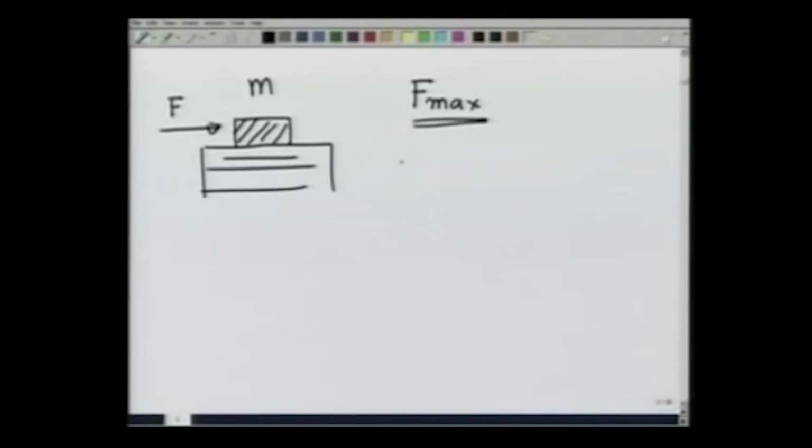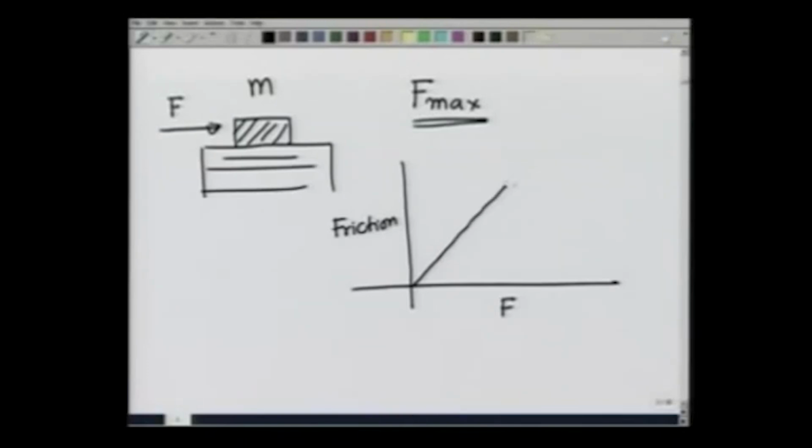So if I were to plot frictional force versus F, you would notice that friction adjusts itself with F up to a certain point, which I will call F max. This would be 45 degrees, so that the frictional force is exactly equal to the force applied.